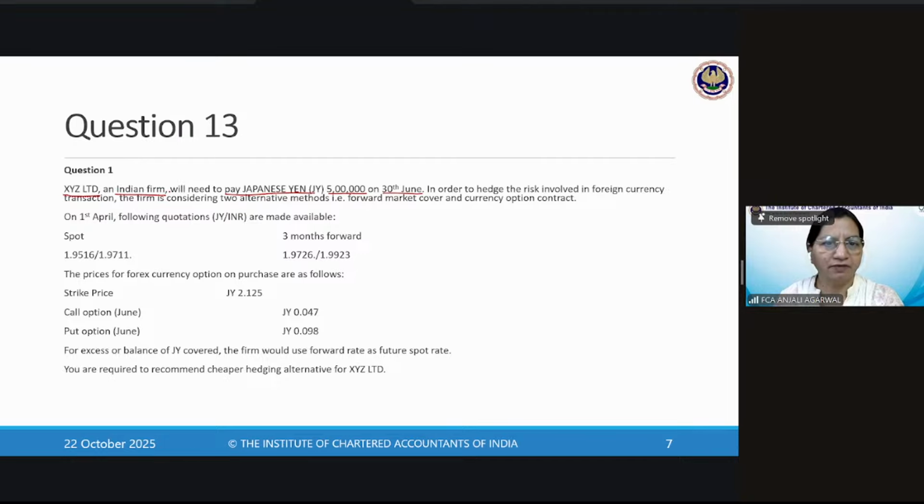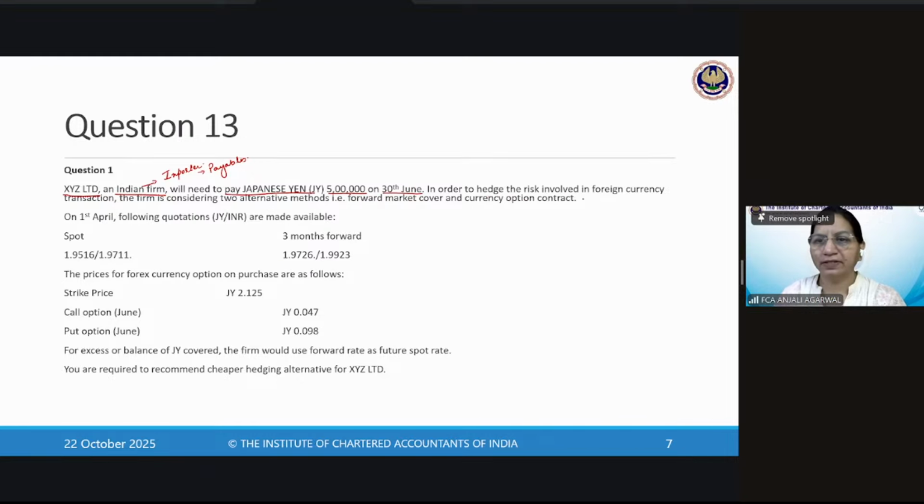So you are an Indian firm, you have to pay Japanese yen. So maybe you have imported something from Japan and you have payables. So the Indian firm has Japanese yen of 500,000 to be paid on 30th June.